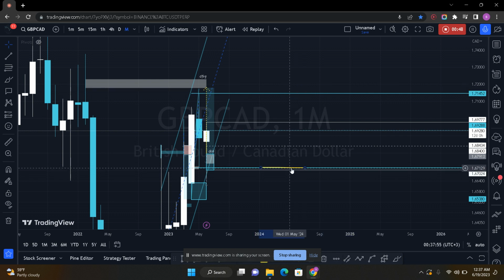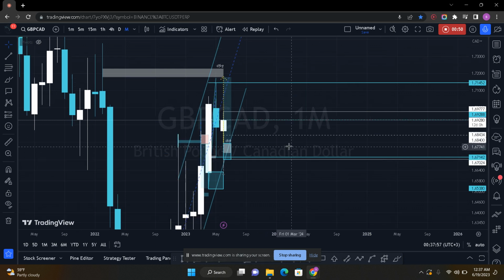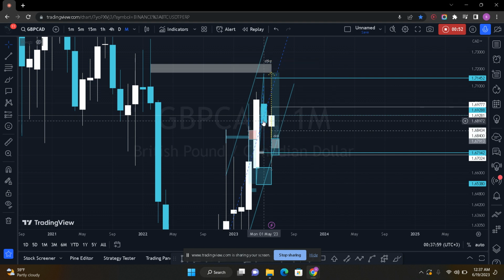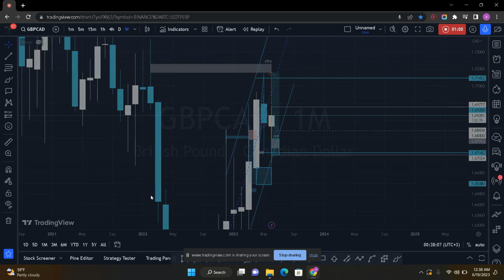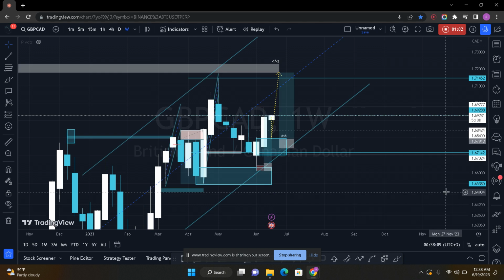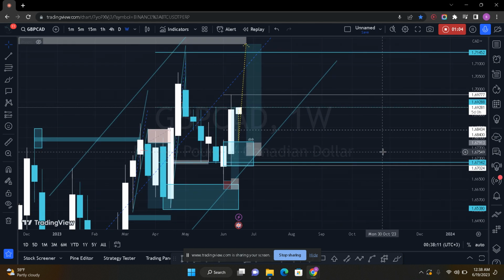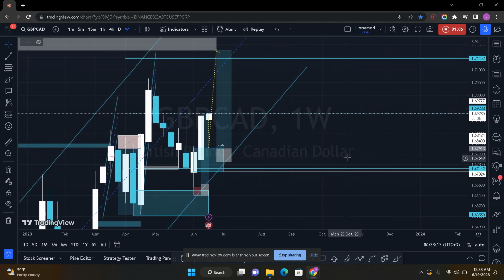As you can see, this candle right here is the previous month. So on May: low, high, and mid-range. So zooming into the weekly, I also like to highlight those particular levels.